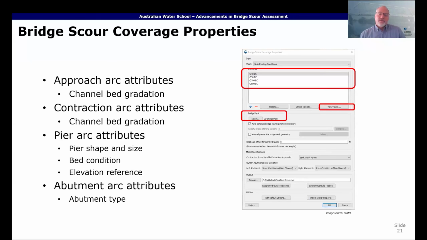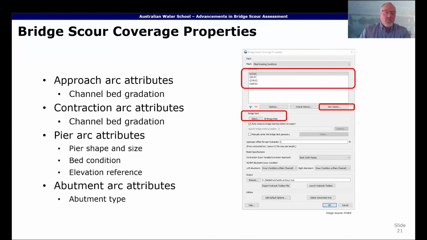And then just a quick overview of what that menu looks like in SMS. There's a couple things starting at the top. The gradations for each at the approach section and contracted section are entered in this interface, as well as you select each of the simulations that have been run with results. So this assumes you've already run the simulations, reviewed the results, and everything looks good.